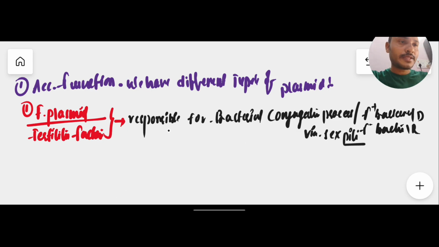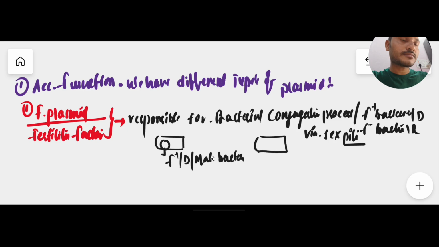In this F-plasmid, if the host organism has the plasmid, it is called F plus, or donor, the male bacteria. If the host organism does not have any plasmid, it is called F negative, or recipient bacteria, the female bacteria.